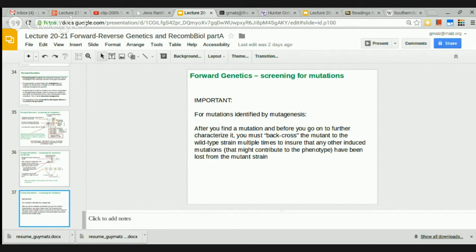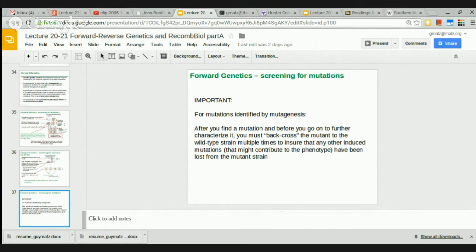And that's because there's a chance, maybe a good chance if I've done saturation mutagenesis, that whereas I'm revealing that one mutant, there may be other mutants that are simultaneously being carried in my fly. If I keep mating back to the wild type, but select for the one mutation I'm looking for, in that way I can start to breed away all other mutations so that I have nothing but wild type.